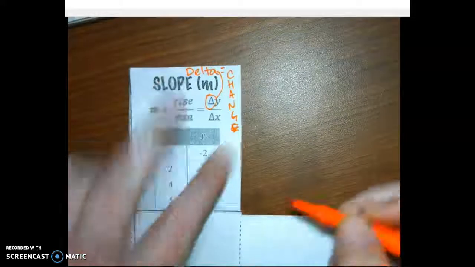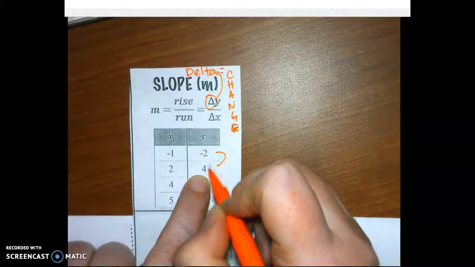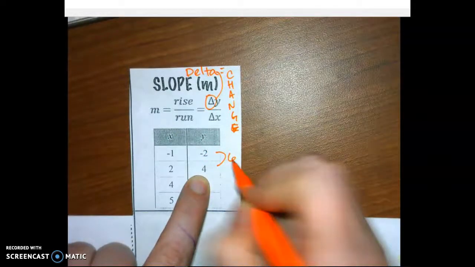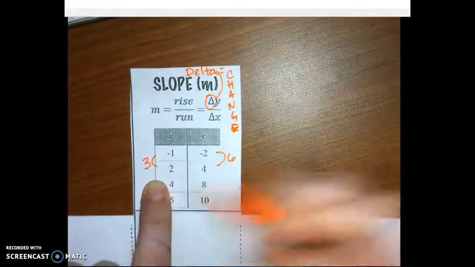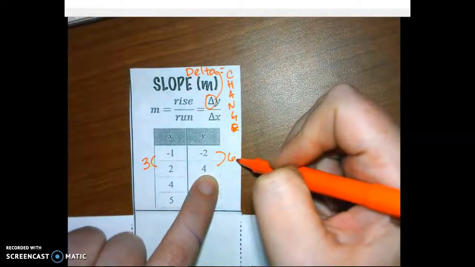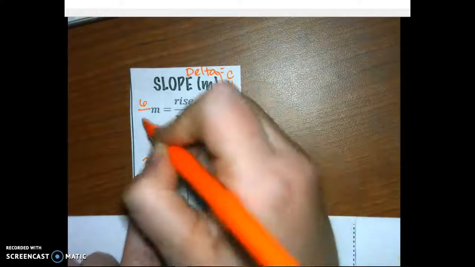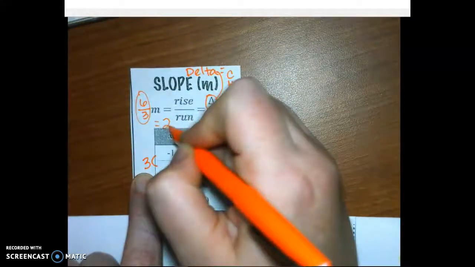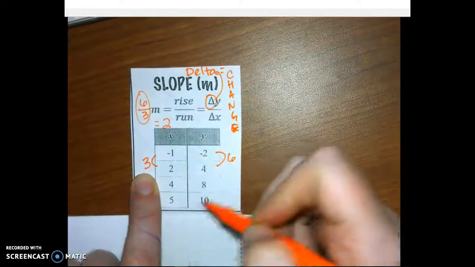So we're going to look at what's the spread between these two. -2 up to 4, that's 6. -1 up to 2, that's 3. So my change in my y values was 6. My change in my x's was 3. And so this turns into 2. 6 divided by 3 is 2. So my slope for this table is 2.